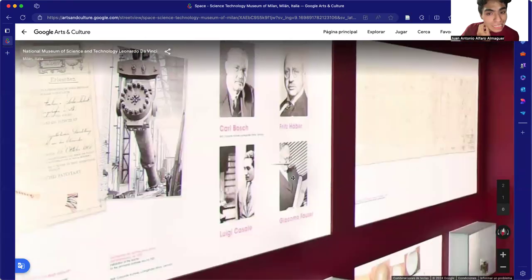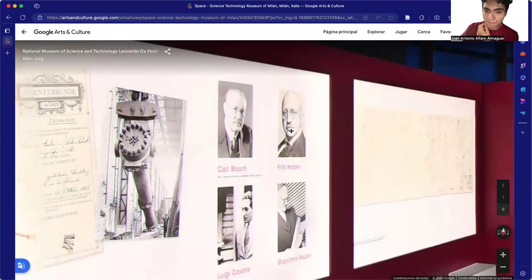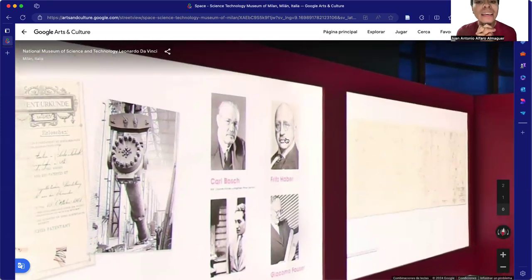One thing very interesting about Fritz Haber is that he is responsible for avoiding one of the most dangerous and deadly food shortages. Why? Because he created a process to produce fertilizers industrially, known as the Haber process.